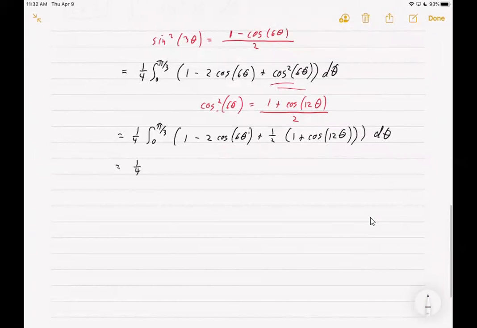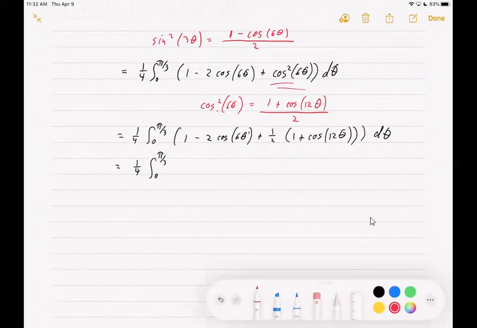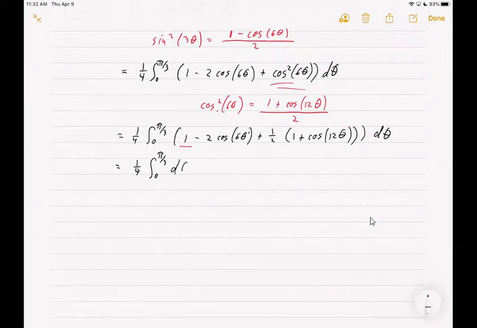We'll have 1/4 the integral from 0 to pi over 3 of, let's check them off as we do them, that'll just be d theta, minus 2/4, so that's 1/2 the integral from 0 to pi over 3 of cosine of 6 theta d theta. You can see this is getting long, so we've taken care of that term.